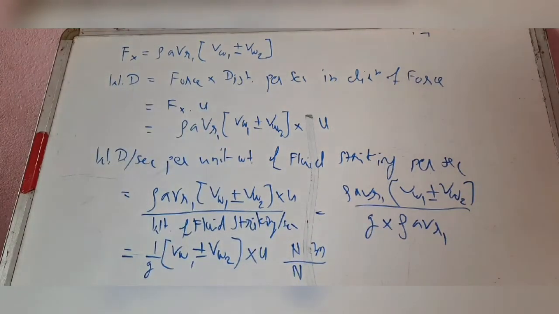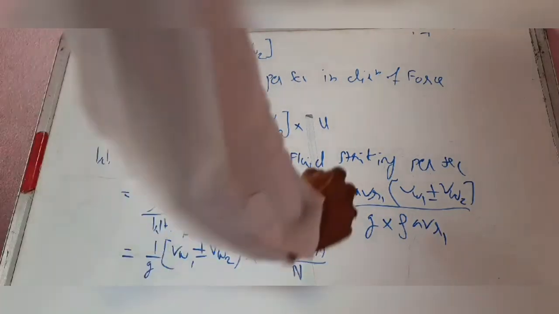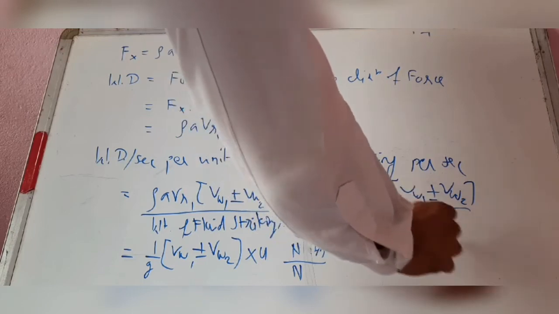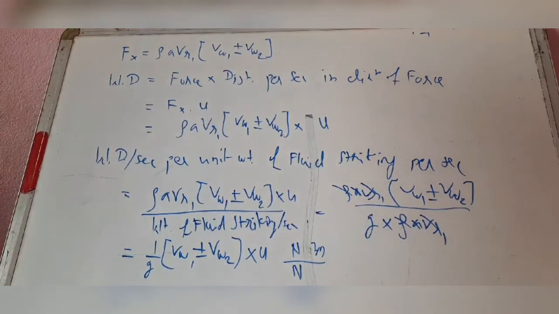This is for the water fluid striking per second. Here these are cancelled. So this is 1 by g VW1 plus minus VW2 into U.